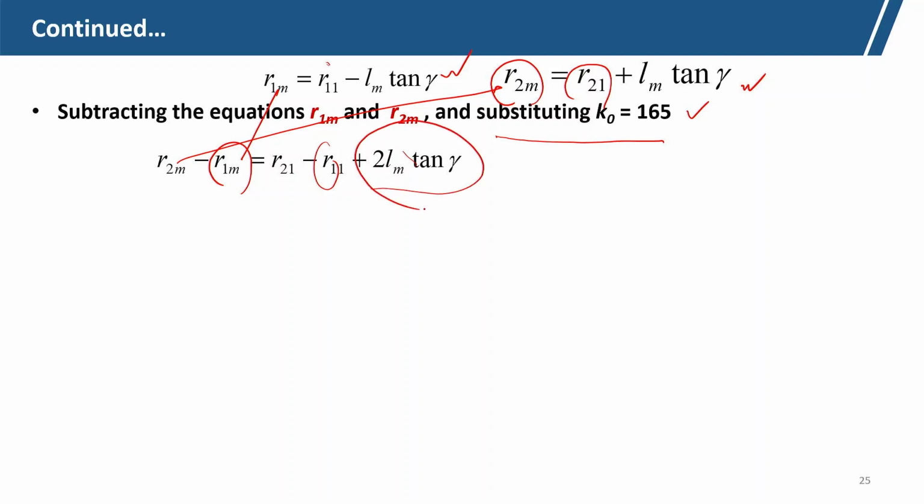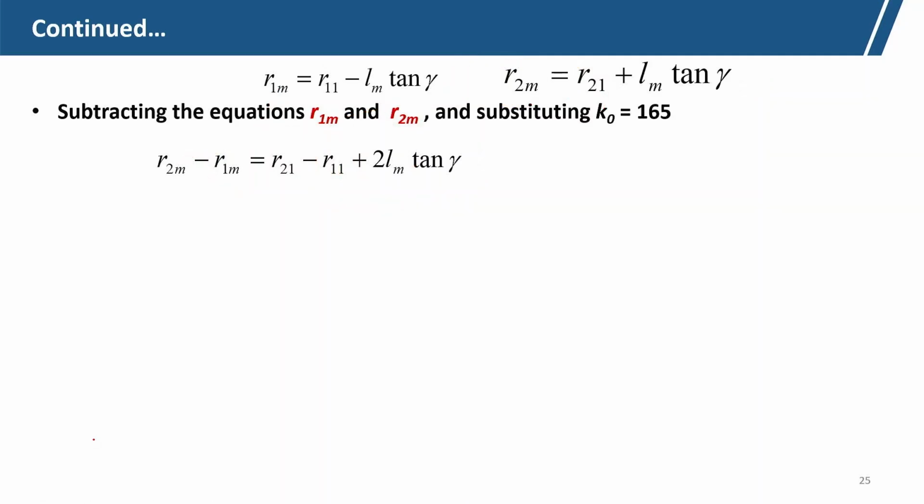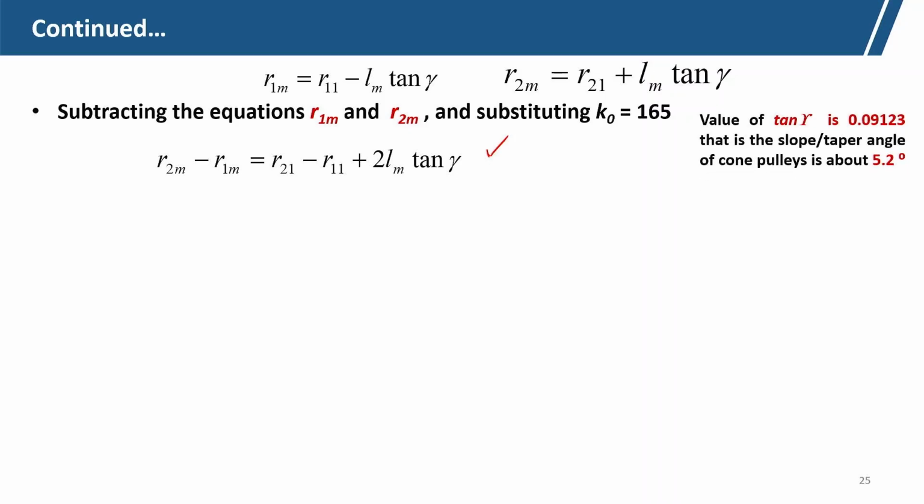So, R2m minus R1m, we are getting this relationship. Now, the value of tan gamma, as we know, for the standard machine is 0.09123, that we have seen earlier, for the taper angle of 5.2, that is constant.